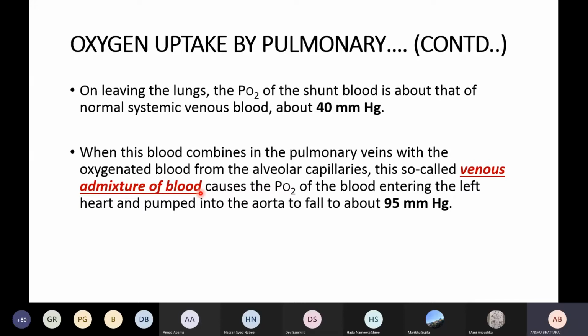But this shunted blood or the venous admixture does not go through that process, and it directly mixes with the oxygenated blood. That is why it brings down the partial pressure of oxygen in the oxygenated blood. So in the aorta, the partial pressure of oxygen falls to about 95 millimeter of mercury, okay, 95 to 97 millimeter of mercury actually. Okay, so I hope you understand the concept of venous admixture and shunt blood. This is very important, okay?